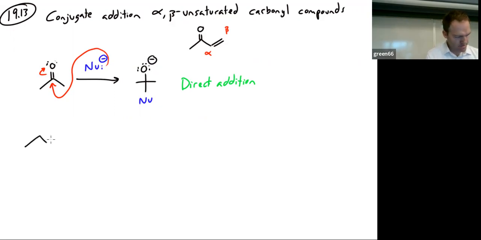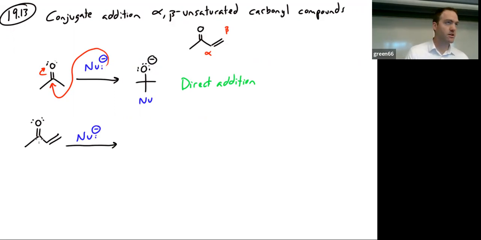When we have an alpha beta unsaturated carbonyl, the nucleophile has an option. It can attack the carbonyl directly, but the nucleophile can also attack the beta carbon. And the reason it can do this is that the beta carbon is electronically connected to the oxygen via resonance. Double bond, single bond, double bond, which means if the nucleophile attacks here, I can push the electron density onto the oxygen in a similar manner.